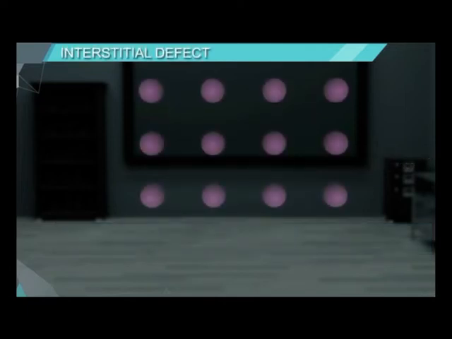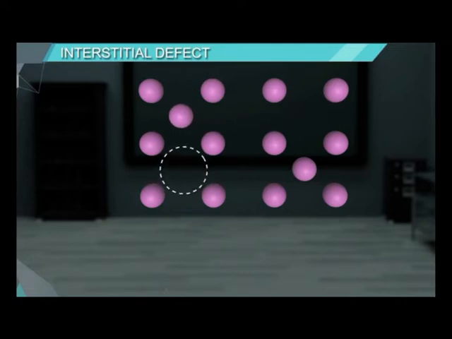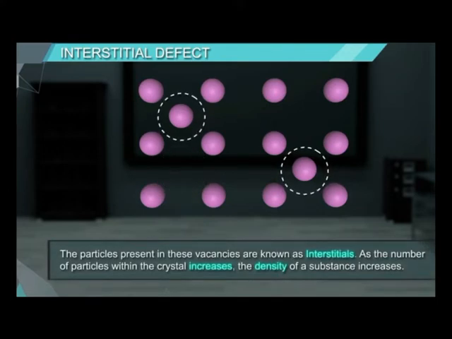Interstitial defect. Interstitial defect is caused when some of the constituent particles, which can be atoms, molecules, or ions, are present in the vacant spaces in the crystal structure. These vacant spaces are known as interstitial sites, and the particles present in these vacancies are known as interstitials.